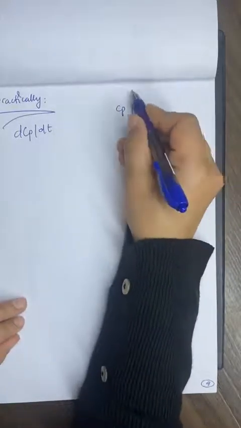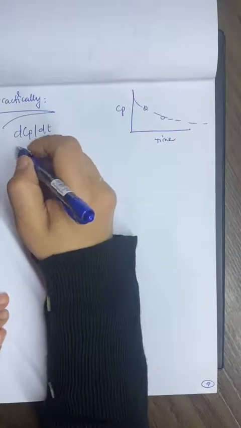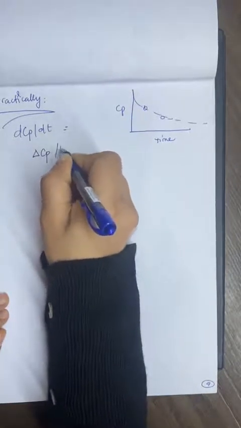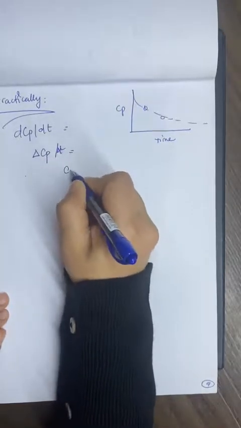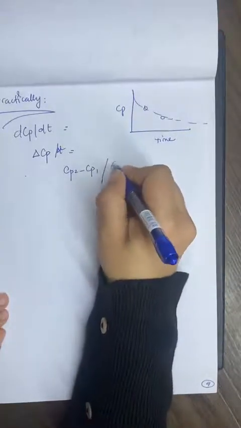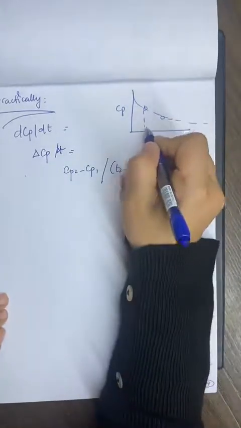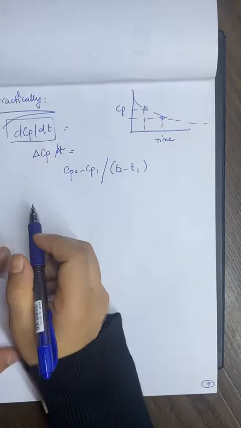So we take the change in concentration over the change in time, which is the difference between the concentrations over the difference between the times that we are talking about.